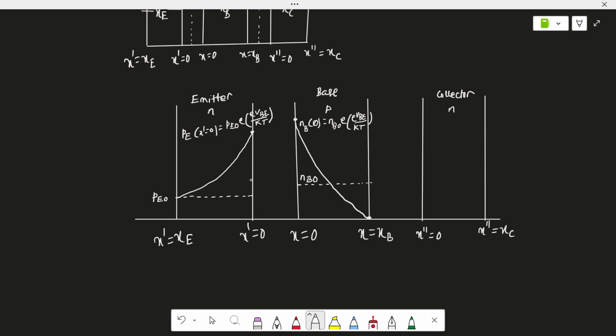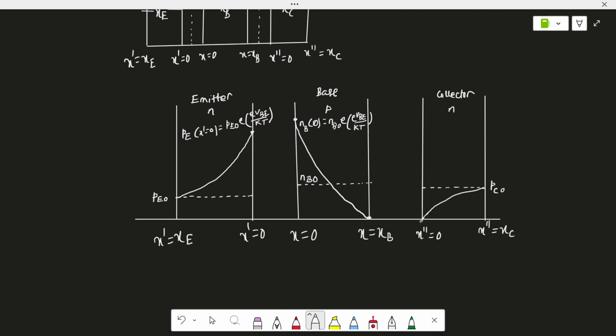Okay, now come to the collector region, the thermal equilibrium concentration. Let's say this is P, this is the N region, so holes are the minority carrier. So this is your PC0. This is a base collector region, reverse bias, so it will vary from 0 to this PC0, like this, okay.